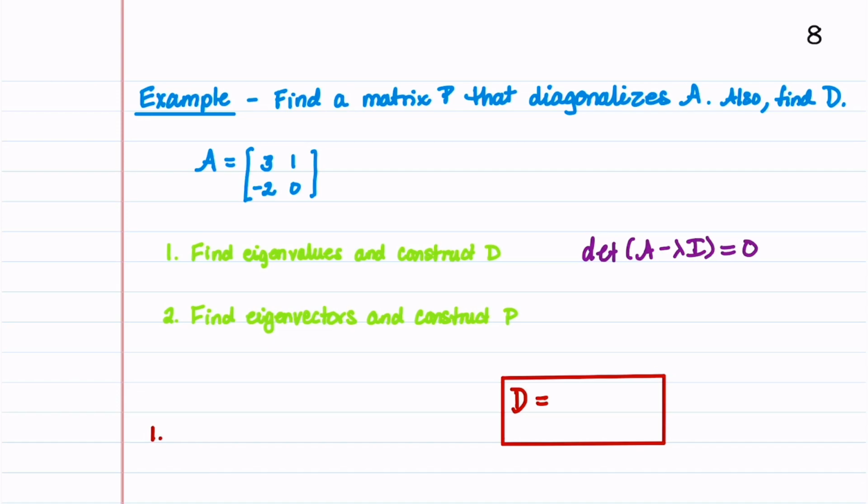To find the eigenvectors, we're going to take A minus lambda I, augment it with 0, and put it in reduced echelon form. And that will enable us to find V.